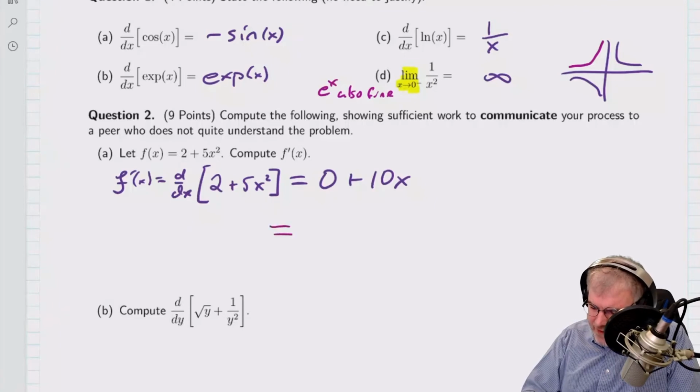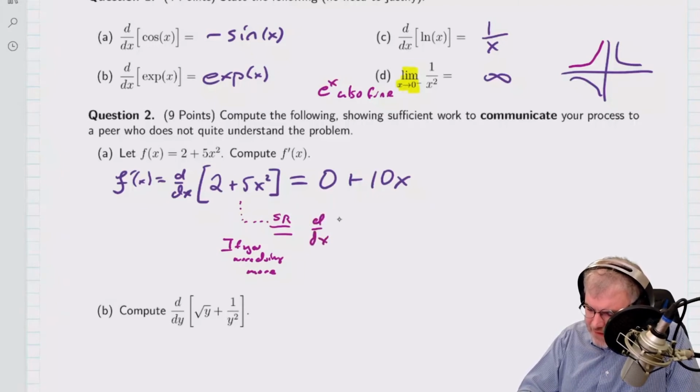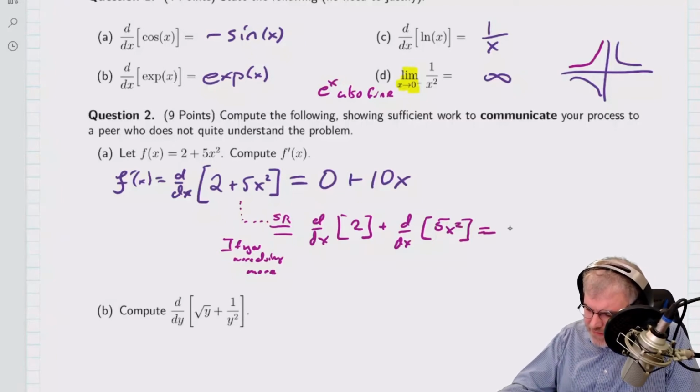If you were doing more work, it would be sum rule: d over dx of 2 plus d over dx of 5x squared equals, and then this one would be 0 as a constant.